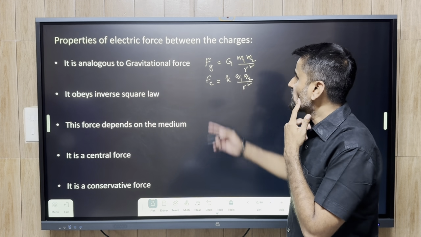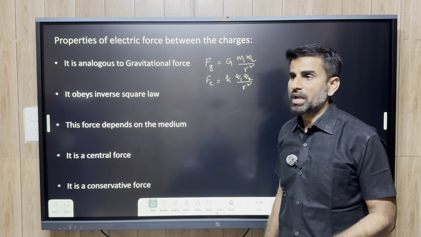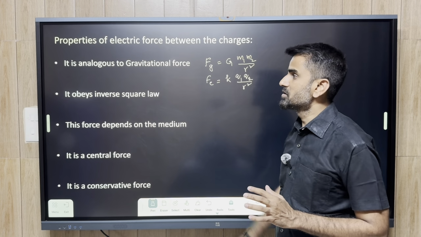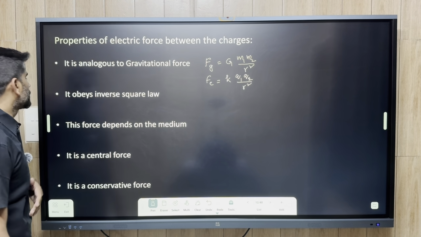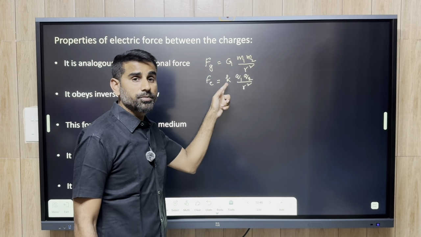So we can say this gravitational force is analogous to electric force, electrostatic force. I hope I have cleared this first property of electric force, right? And one more point I missed to explain: this K depends on the medium, as we have already discussed.